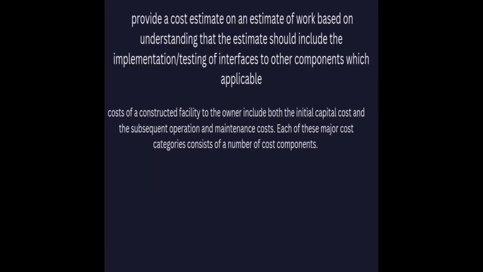Next one was provide a cost estimate and estimate of work based on understanding that the estimate should include the implementation or testing of interfaces to other components which are applicable. So for the cost of constructed facilities to the owner, including both initial costs and subsequent operations and maintenance costs, each of these major cost categories consists of a number of cost components.